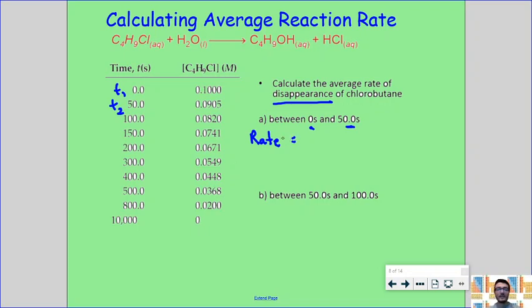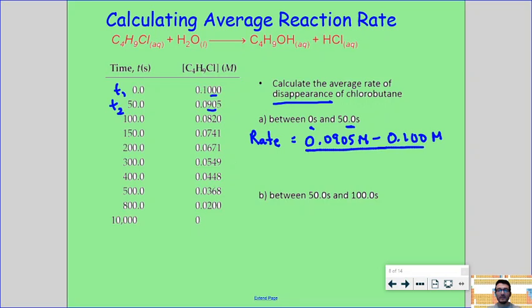Rate is the concentration at time 2, so let's write that down: 0.0905 M, where big M stands for molarity or moles per liter, minus 0.100 moles per liter, and we're going to divide that by time 2 minus time 1, so 50 seconds minus 0.0 seconds.